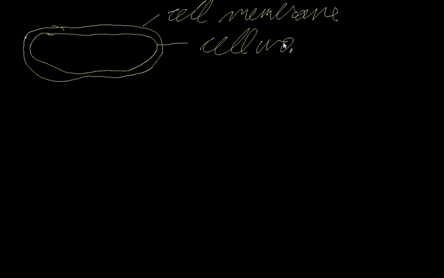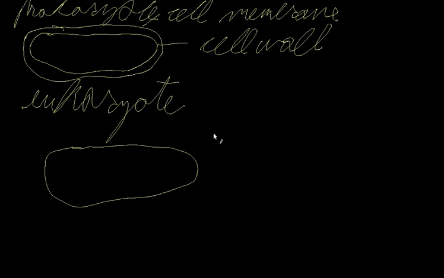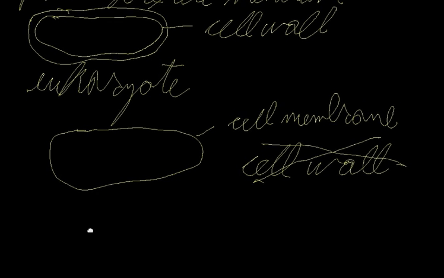Plants also have cell walls as far as eukaryotes go, but we do not have cell walls, which is an important distinction between prokaryotes and eukaryotes. So the takeaway here is that bacteria will have the cell wall and cell membrane, and that's important for, say, medication that specifically disrupts the cell wall.